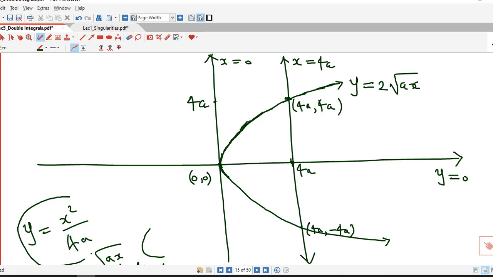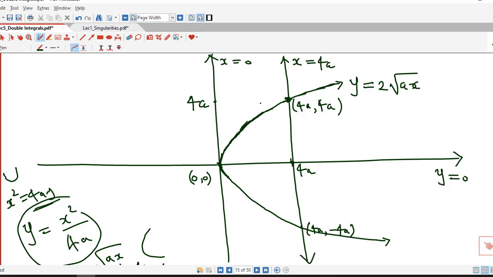Now we sketch this one, y equal to x square by 4a, that is x square equal to 4ay. Here also a is positive, so it will open in the upward direction and it will pass through these 2 points, 4a comma 4a and 0 0. So now we have to sketch this parabola.